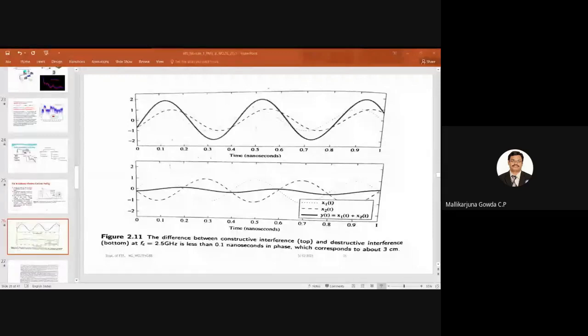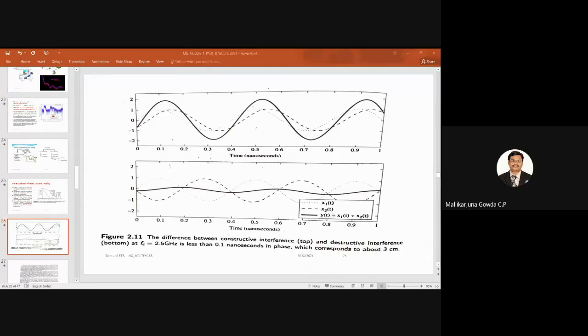That is why it is shown with a thick or dark line with more magnitude. The second case is here also I have two signals, x1 of t and x2 of t. The phase difference between those two received signals is small. Because of that, it is a destructive interference, because the amplitude of the received signal is small here. Able to understand this, I am asking.